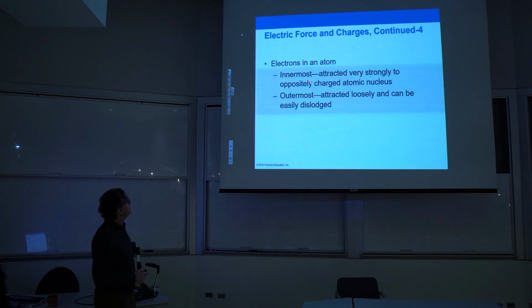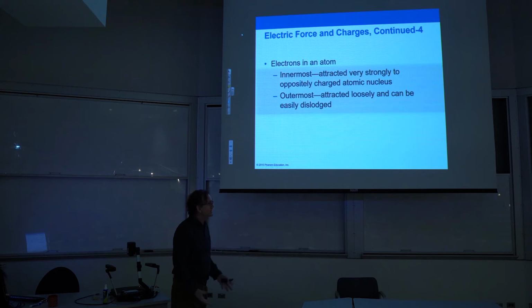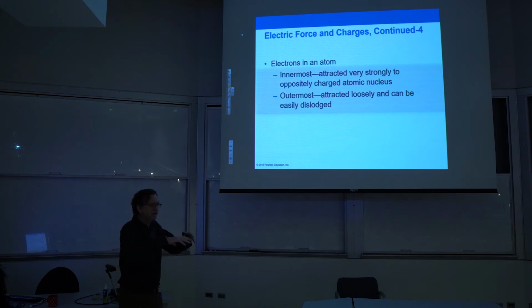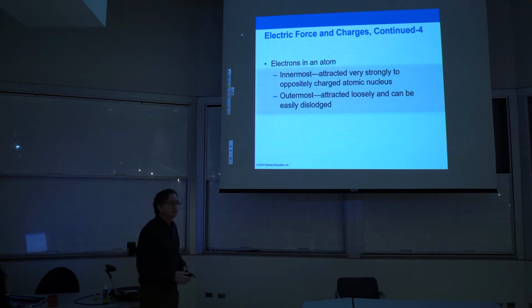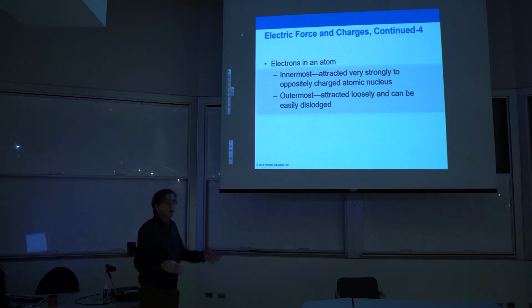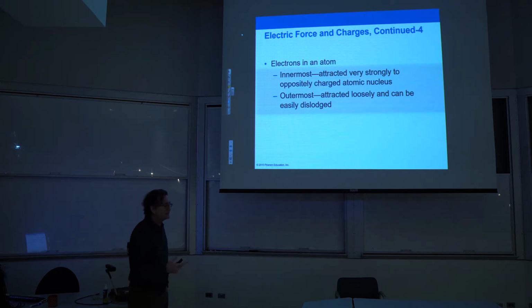Now, electrons in the atom are structured so that if there are, say, 20 electrons in an atom, such as we find in calcium, then the inner electrons are tightly bound in inner orbits. Like, for example, Mercury is very close to the sun, but the orbits of Uranus and Neptune are quite far away, and they are not as tightly bound in their orbit as the inner planets like Mercury, Venus, and the Earth.